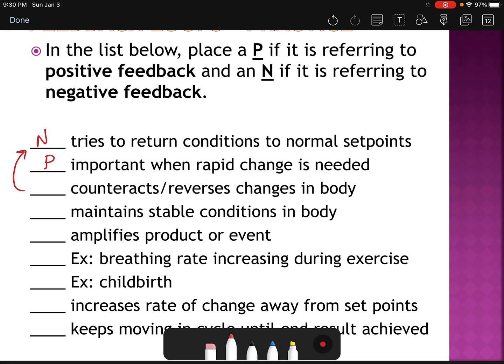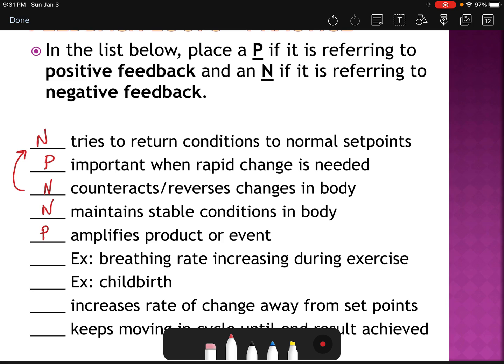Again, this is kind of what's happening up there. So this is a negative feedback loop. And this is what maintains stable conditions in your body. That's why most of your feedback loops are negative. Amplifies the product or event. That would definitely be positive because it's trying to move you away from your normal set point.